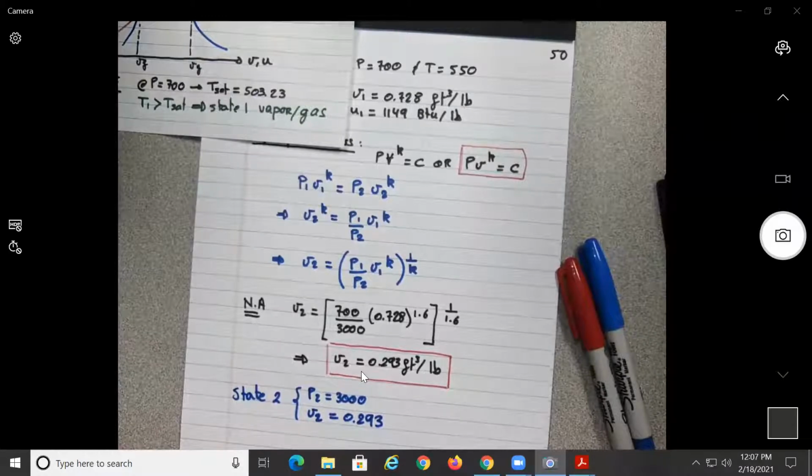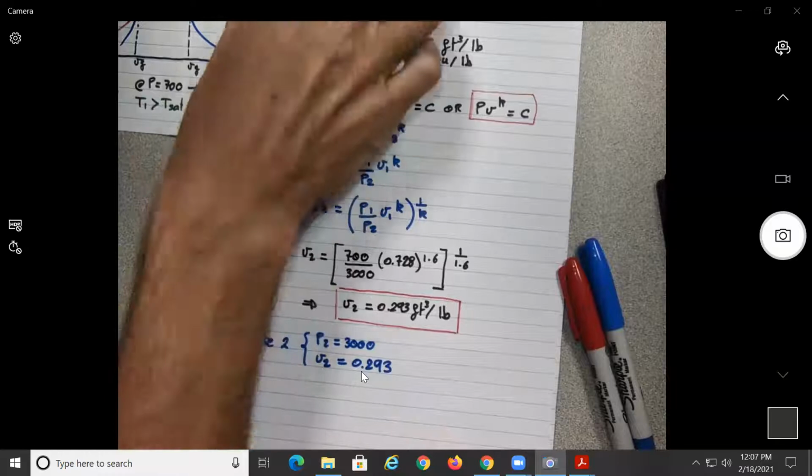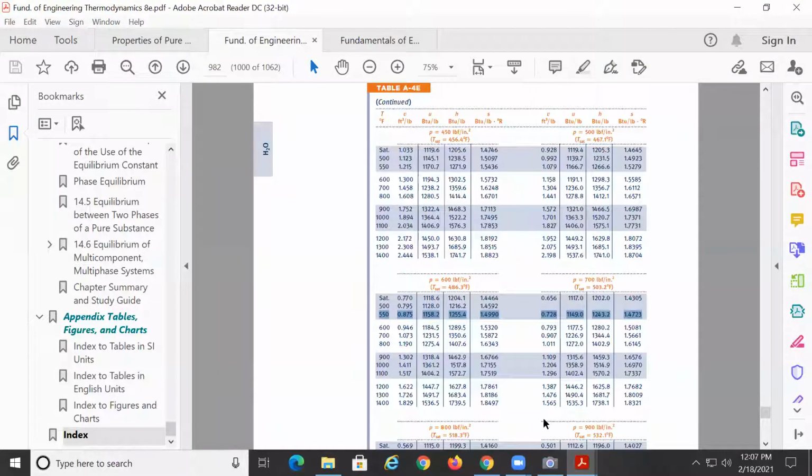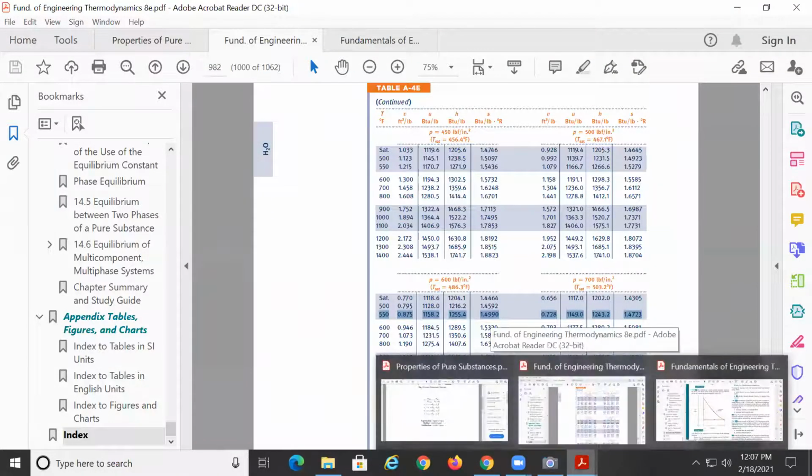Okay, so here there's different ways to do this, but probably, I don't know if it's the easiest one or not, but let's go back to the table. Let's see. This was the other book, no?